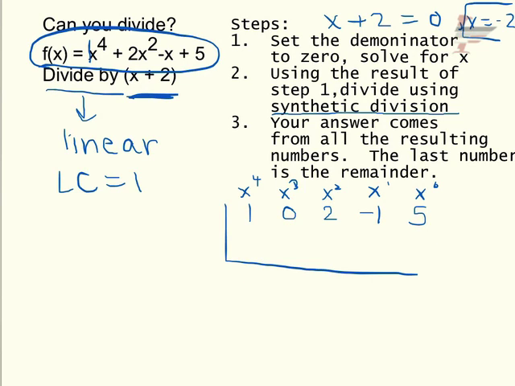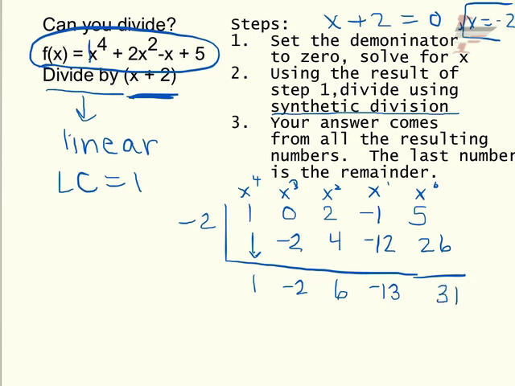Then you take the negative 2, which is from step number 1, and you put it outside this little half rectangular box, and then you're just going to go through the synthetic substitution process, but now it's synthetic division, and I'll tell you why. But the process is the same, so you carry down the first number, you multiply, you add, you multiply, you add, you multiply, you add, you multiply, and you add.